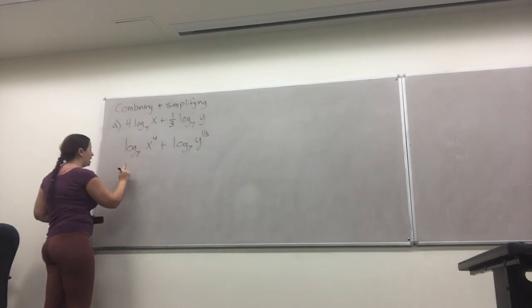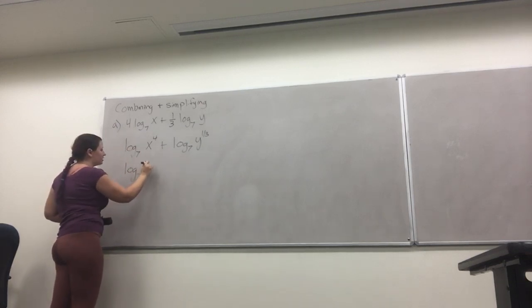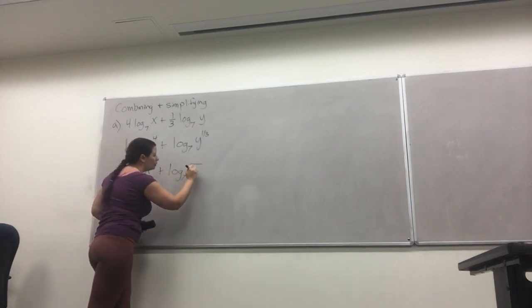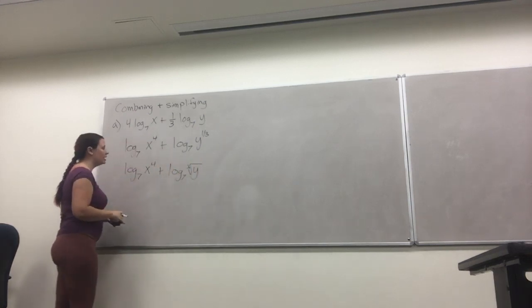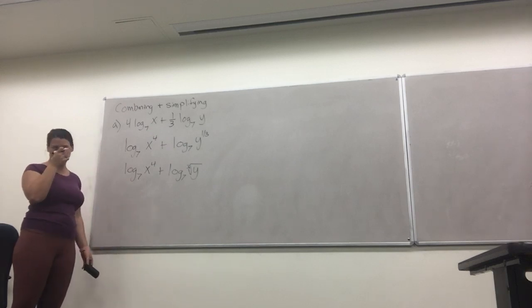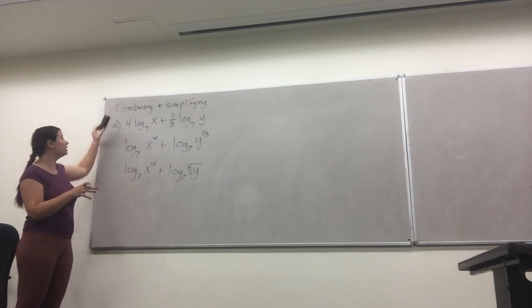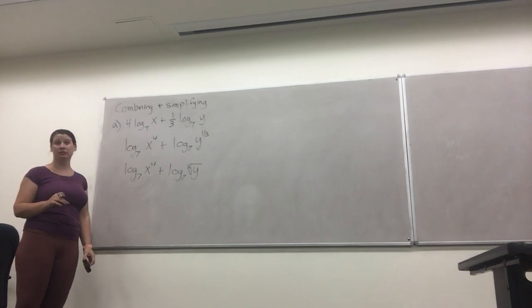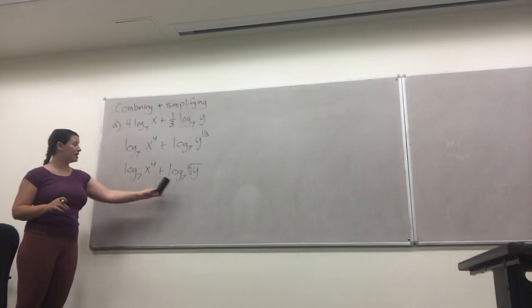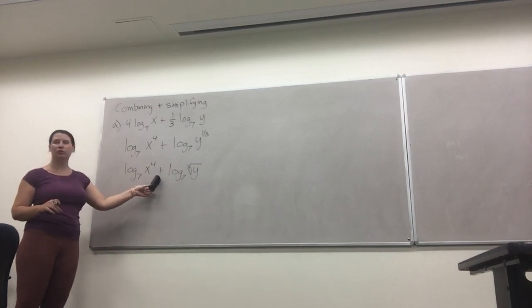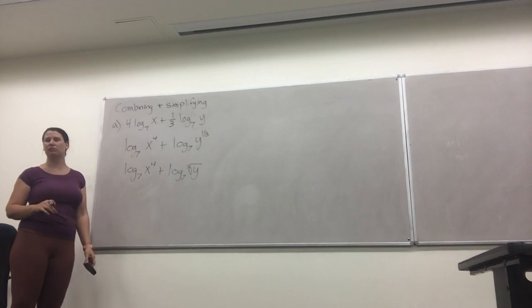So then we have log base 7 of x to the 4th plus log base 7 of the cube root of y. Now what? We want to combine to be one single log. That's the goal for all of these, is combining and simplifying. So, they both have base 7, which we noticed earlier. What does it mean when we add 2 logs of the same base?